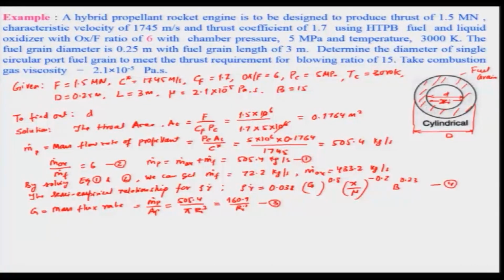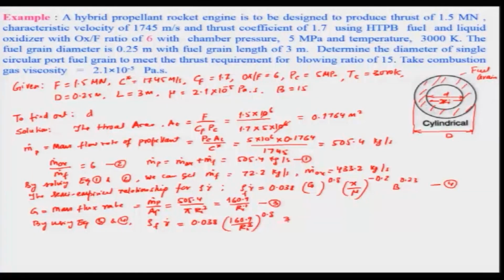And when you substitute these things here, by using equations 3 and 4, we can have rho f r dot is equal to 0.038, G we have already expressed in terms of r I. So, I can get 160.9 by r I square, and this r I square to the power 0.8, and x is equal to 3 meter.